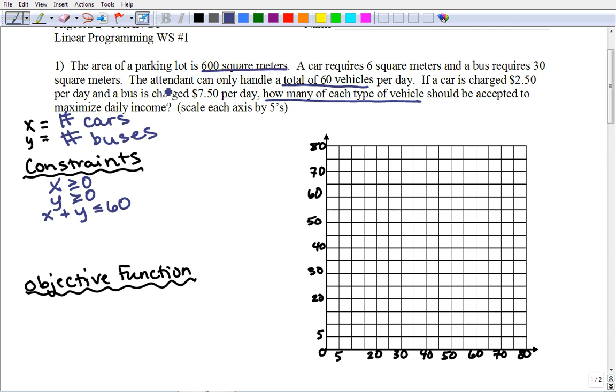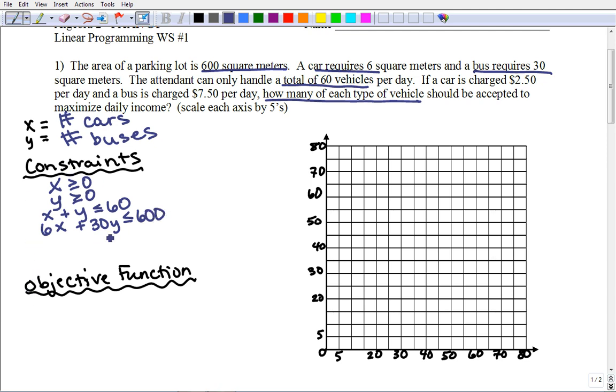Up to 600 square meters can be used. A car requires 6, and a bus requires 30 square meters. So 6 square meters times the number of cars plus 30 square meters per bus, Y. The total square meters should be less than or equal to 600.